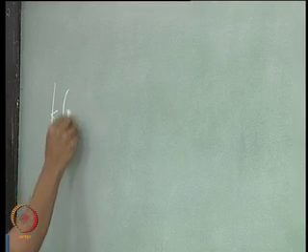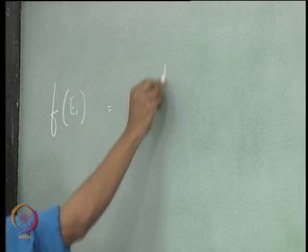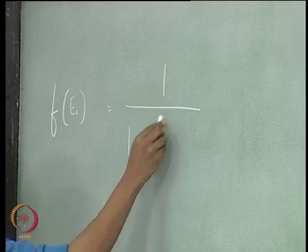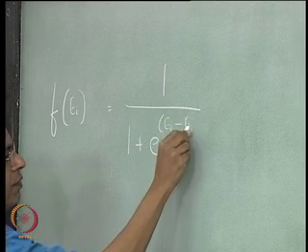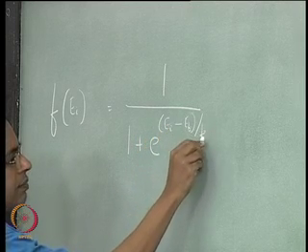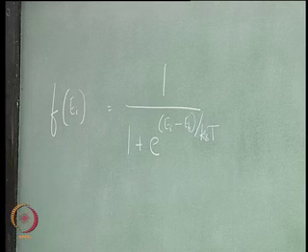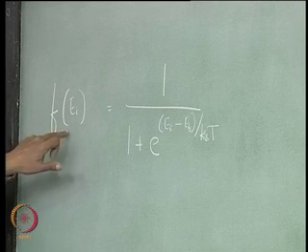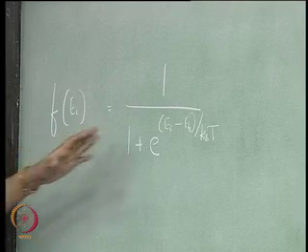So, f of E I is given by 1 over 1 plus e power (E I minus E f) by k b T. This is the expression that we have come up with. To put it in words, this is the probability of occupancy of a state at energy level E I, and it is given by this expression.